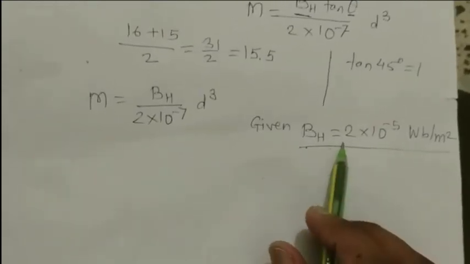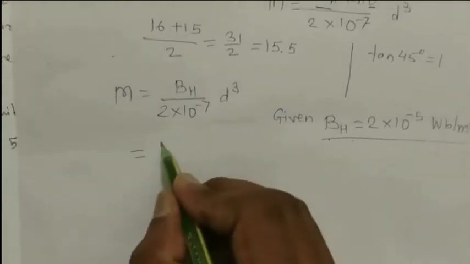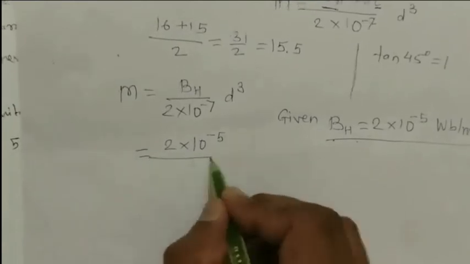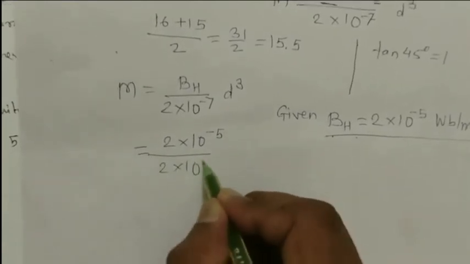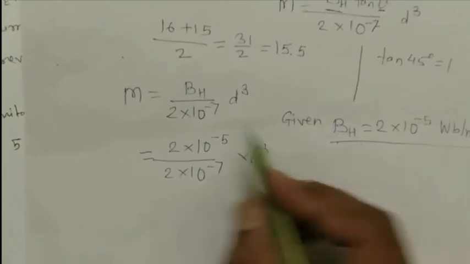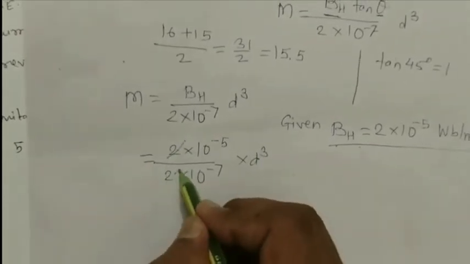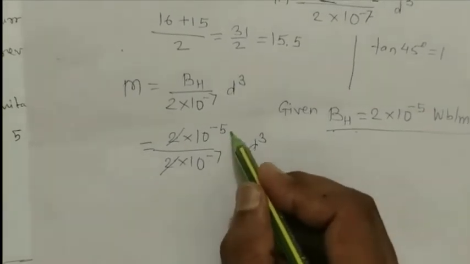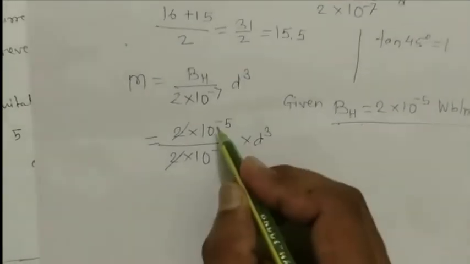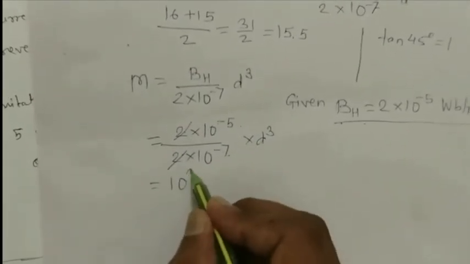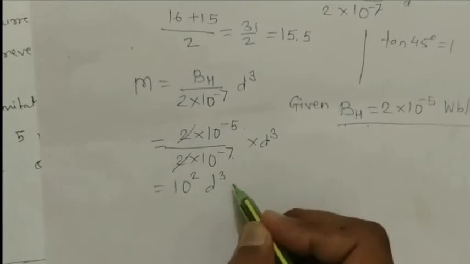So we can put this in the formula. We get 2 into 10 raised to minus 5 divided by 2 into 10 to the power minus 7 into d cube. Now this 2 and this 2 will get cancelled out. The minus 7 will go to the numerator and becomes plus 7. So minus 5 plus 7 will become 10 raised to 2 into d cube.